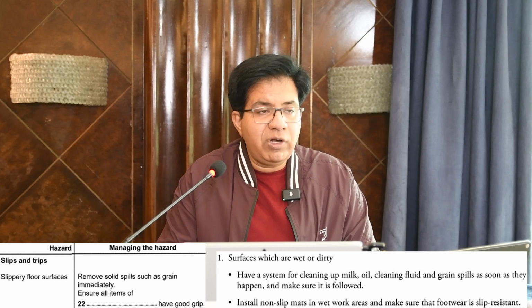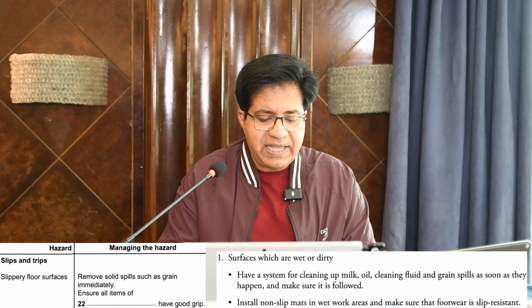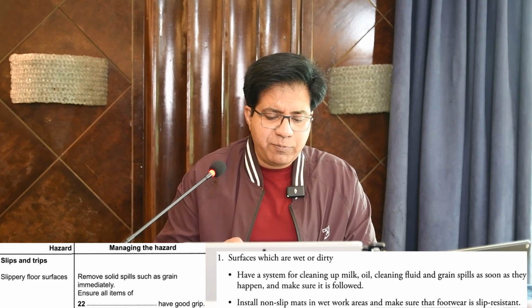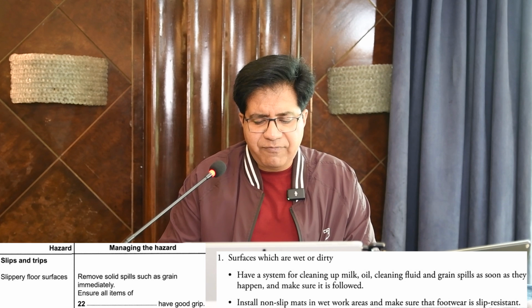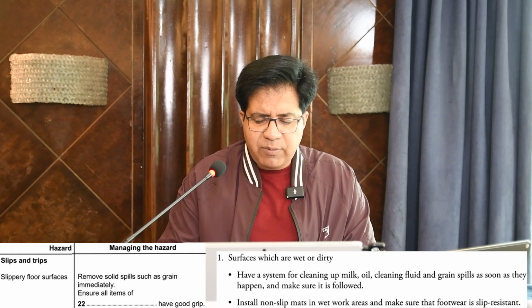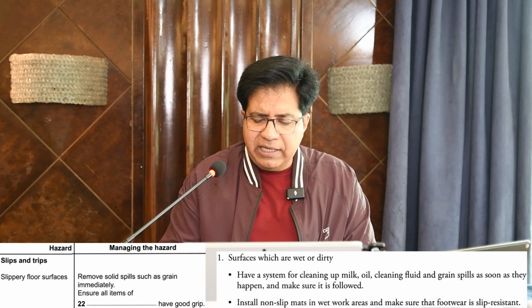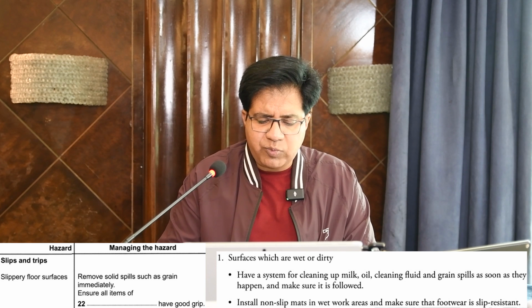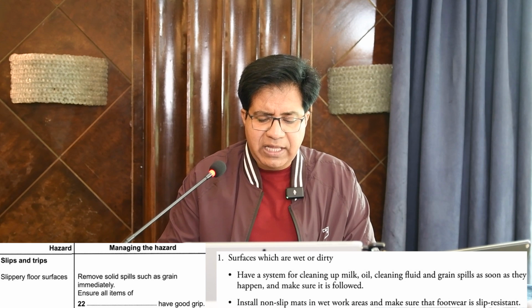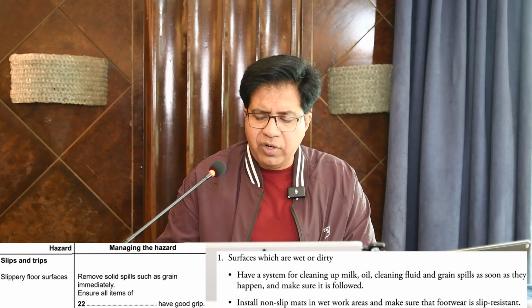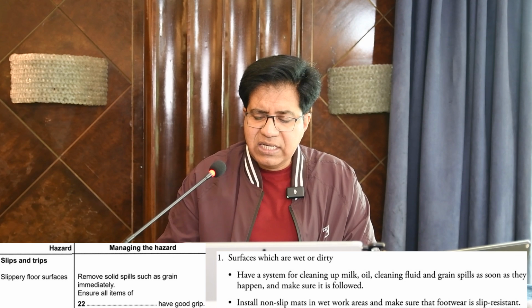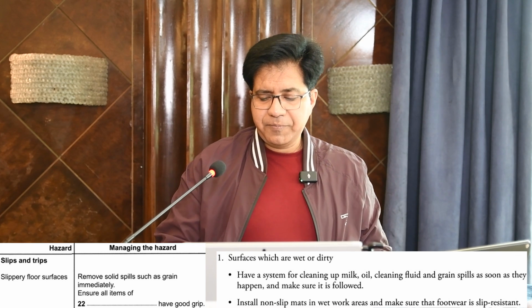Number 1, first bullet point. So we will read it here. Number 1, first bullet point, surfaces which are wet or dirty. Have a system for cleaning up milk, oil cleaning, fluid and grain spills as soon as they happen and make sure it is followed. Now next one, install non-slip mats in wet work areas and make sure that footwear is slip resistant.